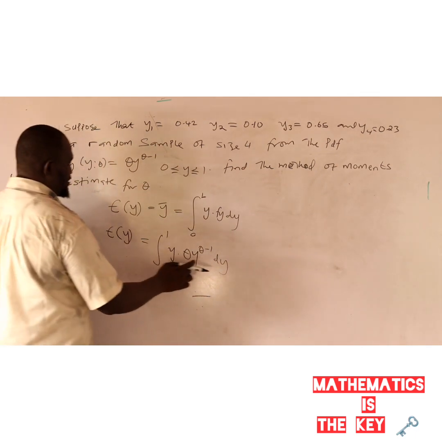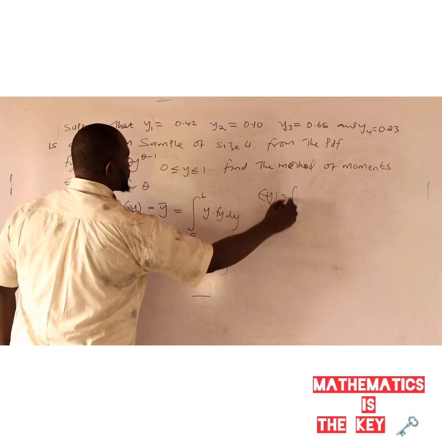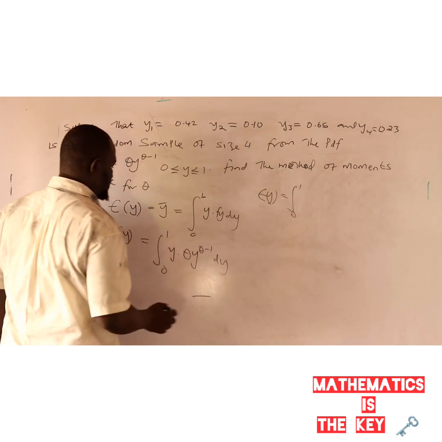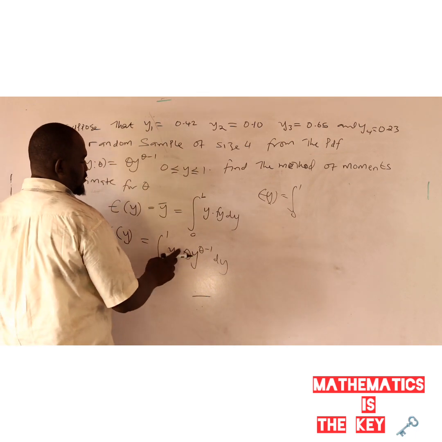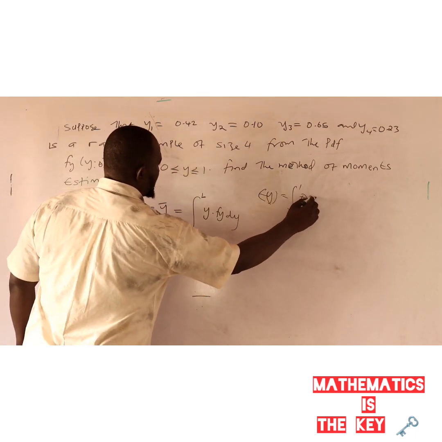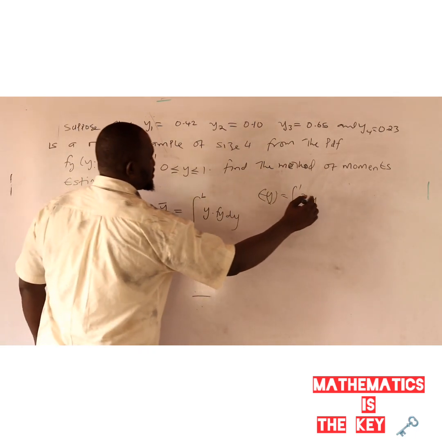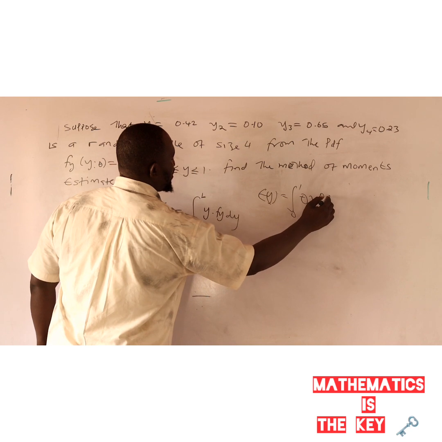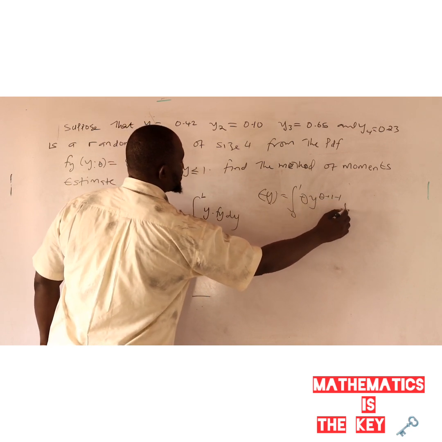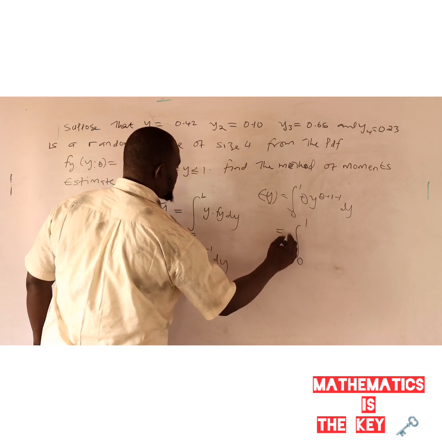So this could be simplified as expectation of y is equal to the integral from 0 to 1. Multiply this y by this y, we will have theta, the same base, so this power 1 we add to this is theta times y to the power of 1 plus theta minus 1 dy. The same thing as just the integral from 0 to 1.